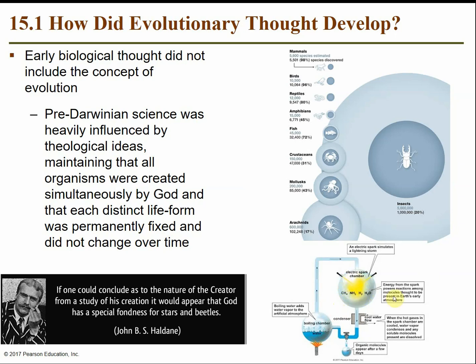He has some boiling water to add water vapor to make an artificial atmosphere in one chamber. He has a lot of gases that were known to be present in the Earth's early atmosphere, and he applies electrical charges. These simulate electrical storms, lightning storms in the early Earth atmosphere.